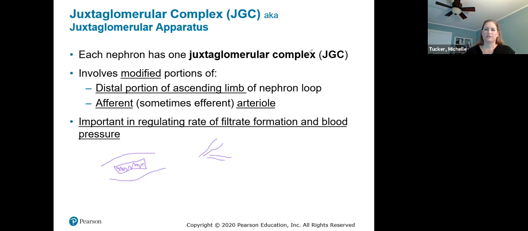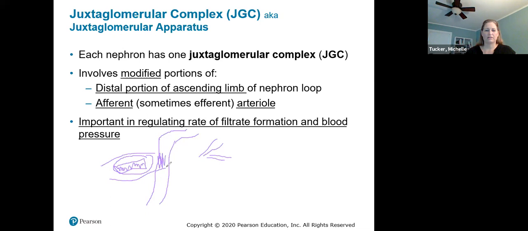The juxtaglomerular complex is going to be made up of 3 different cell types. We have one that's part of the afferent arteriole, one that is part of the ascending limb where it becomes the distal convoluted tubule. I know, because that's not complicated. So you've got the ascending limb coming up, and it's about to turn into the distal convoluted tubule.